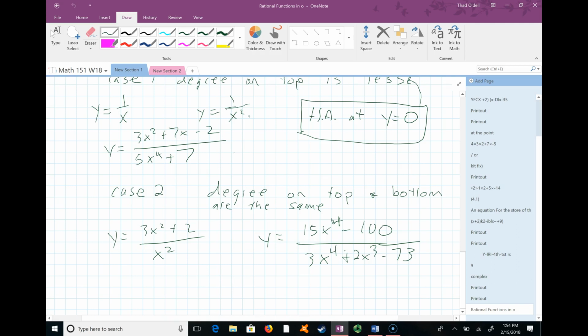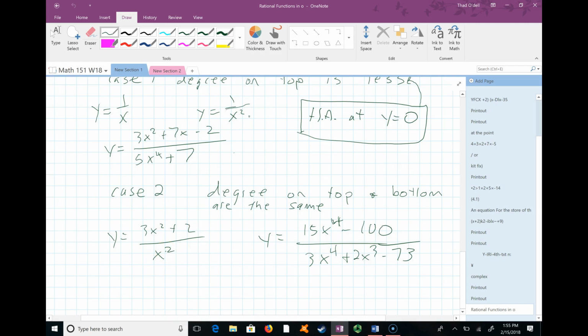So think about this. If you're plugging in bigger and bigger numbers for x, because that's what we do when we look at end behavior, then 3x squared is going to be much more significant than 2. Right? When I plug in 1 here, I get 3 plus 2 is 5 over 1. But when I plug in a million here, I basically get 3 million squared plus 2 over a million squared.